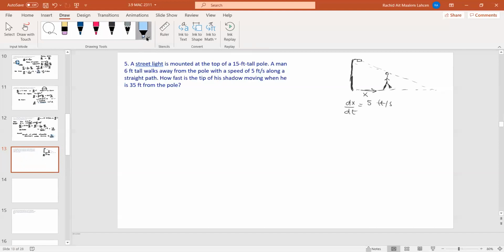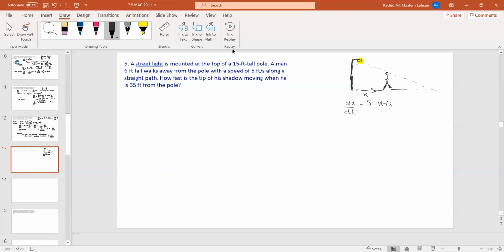All right, so let's change it. This is kind of the idea: draw a diagram when it's possible. If you've done stuff like this in trigonometry, we would take this diagram.